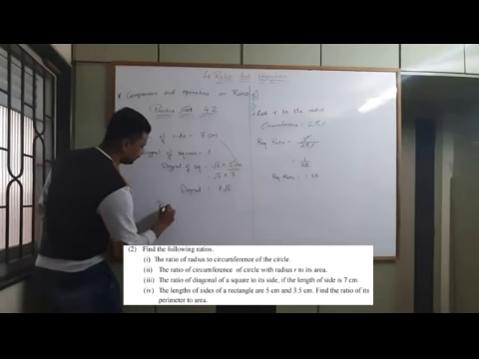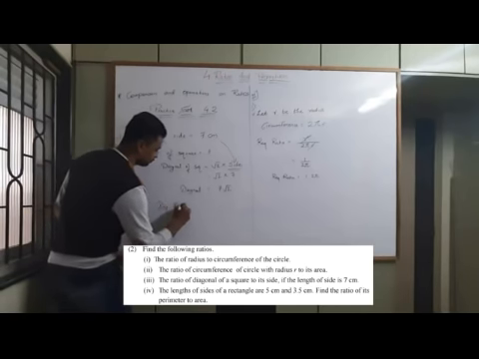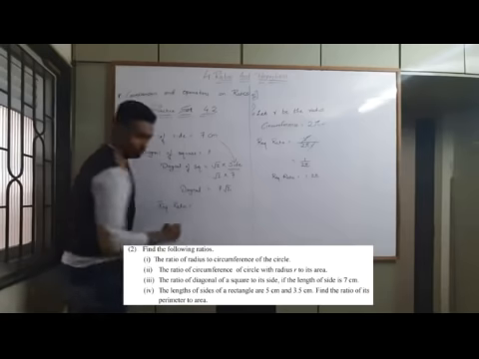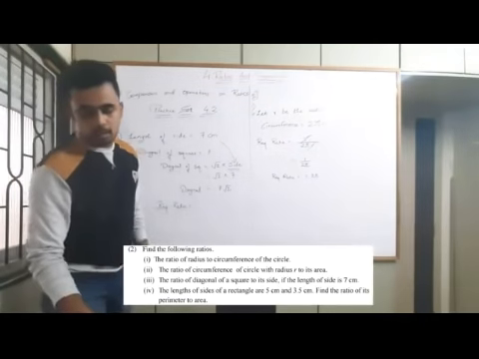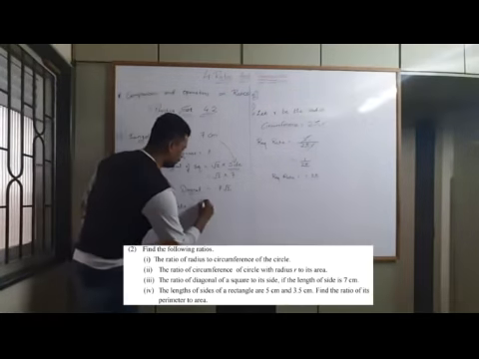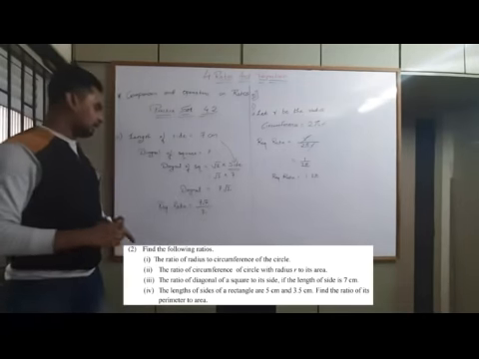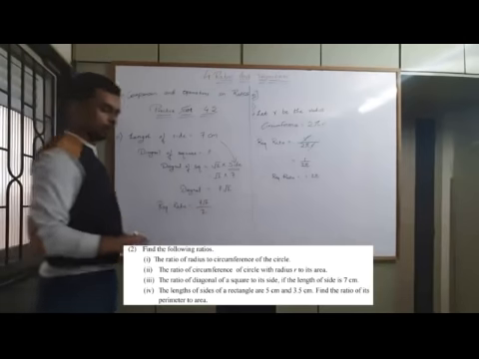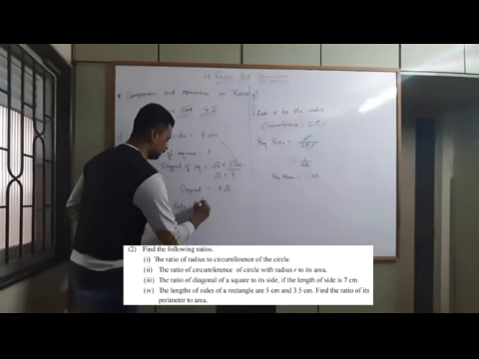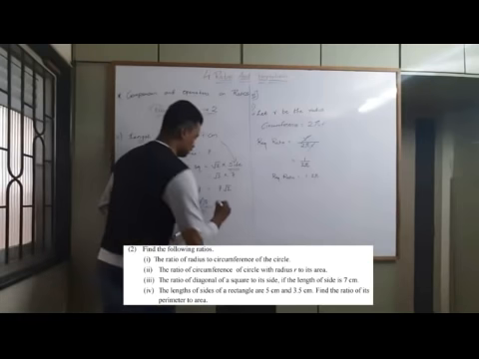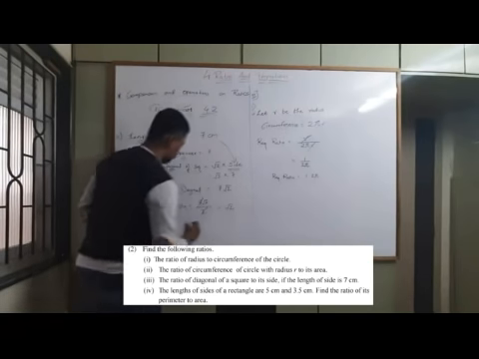Therefore required ratio is equal to diagonal to side. So 7 root 2 upon 7. Side is 7, diagonal is 7 root 2. Doing the cancellation that is required, I get root 2.